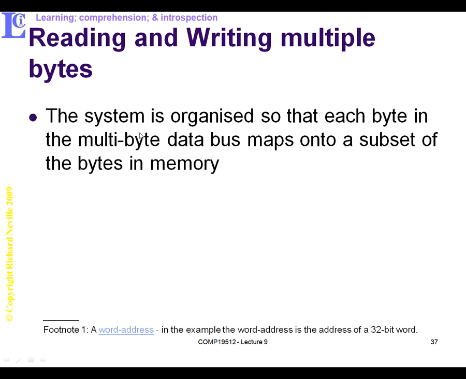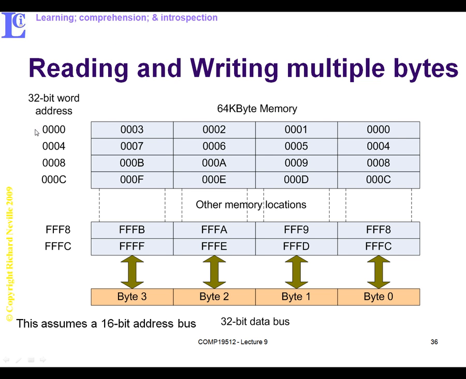So the system is organized so each word is multiple bytes of data. So 32 bits is 4 8-bit bytes, and this maps onto a subset of address memory. So let's just go and look at that. What does this mean? It means if we're reading this address and this number, which is a 32-bit number, we have to access addresses all zeros, 1, 2 and 3 to access the whole 32-bit number.